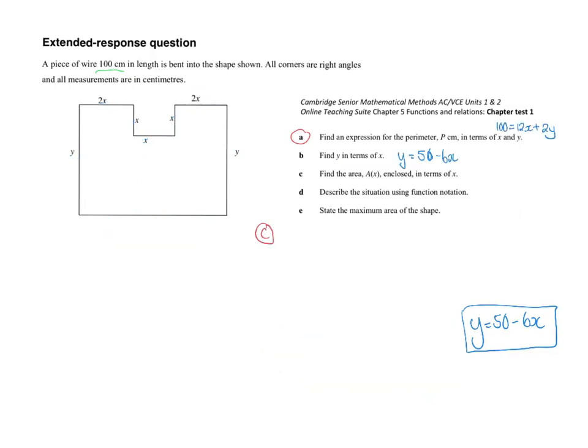In C, find the area enclosed in terms of x. If I drew a big box like that, and I was finding the area of that big box, we would do length times width.